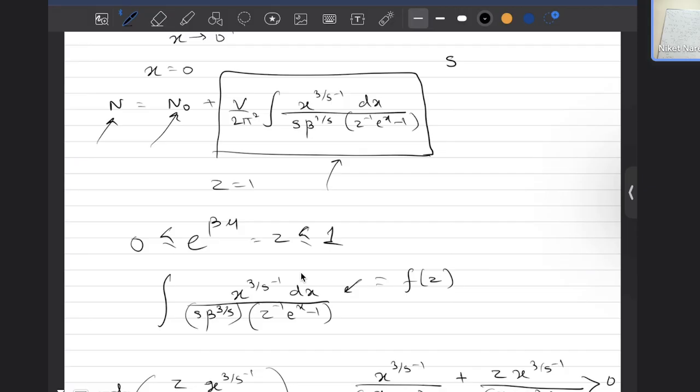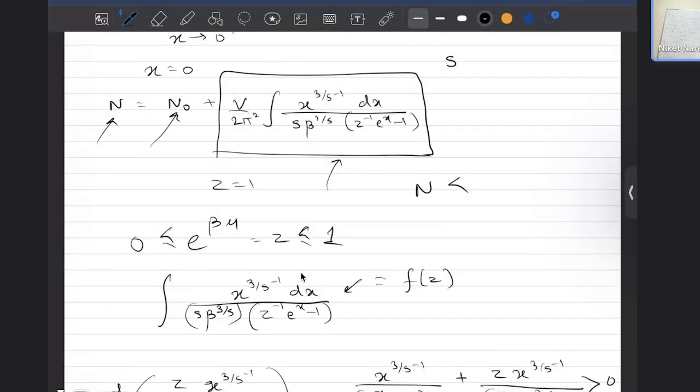Now think that the number of particles that I have, capital N, is less than the value of this integral. Then I will have some other value of z, or some other value of mu, which will satisfy this equation, and basically I'll have a good distribution of all the particles.